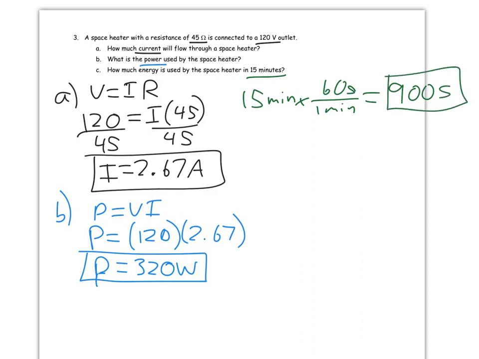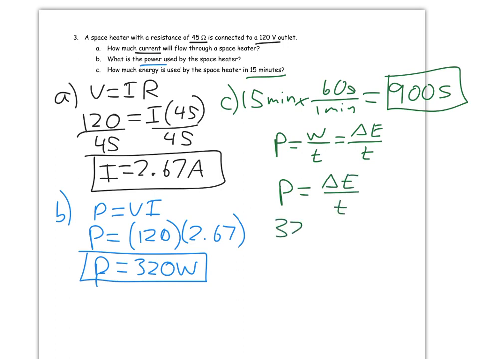The other thing I'm going to think about is how we link energy to power, and that is with the equation power is work over time, but work is really just the change in energy, so we can say power is the change in energy over time. So I'll say the power is delta E over T, so 320 watts is going to be equal to the amount of energy we use over a time of 900 seconds.